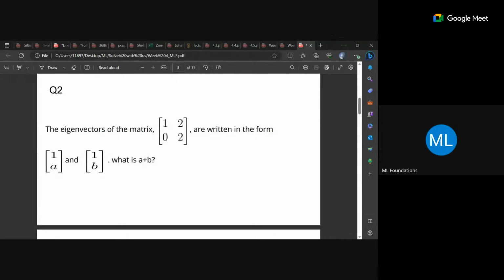So you have the matrix 1 0 2 2, and the eigenvectors of this matrix are written in the form of (1, a) and (1, b). So what would be a plus b?